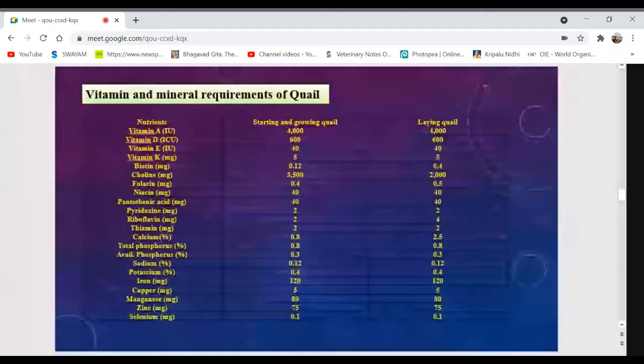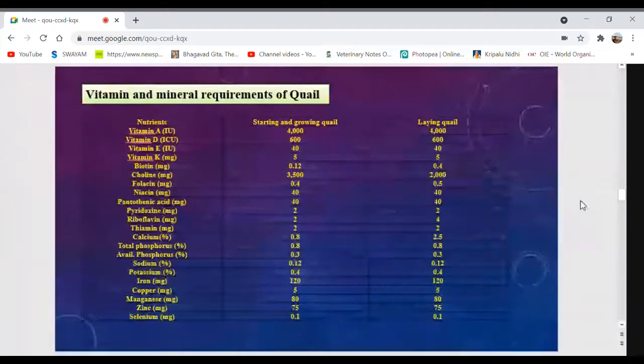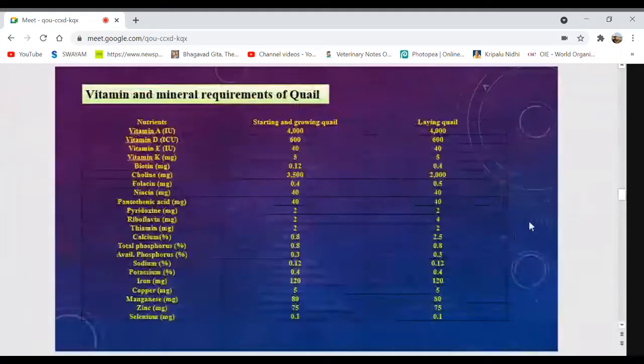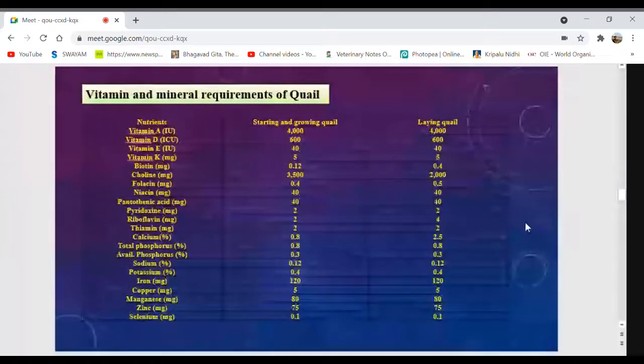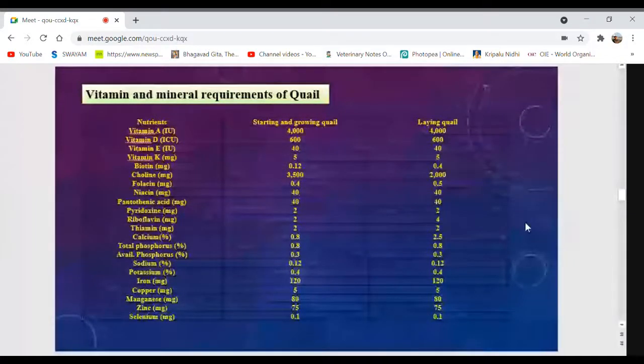Then this one, vitamin and mineral requirement. This you just keep as your reference. It is not possible to remember all those things. Since I have to give, I am giving. Here, only this table you please try to remember from the examination point of view. But you should also know the requirement, since quail is a very small bird as compared to layers and broilers. Although they are small, their requirement will be comparable with the broiler and layer.